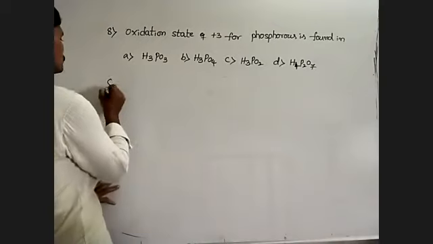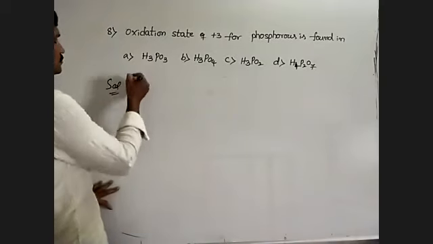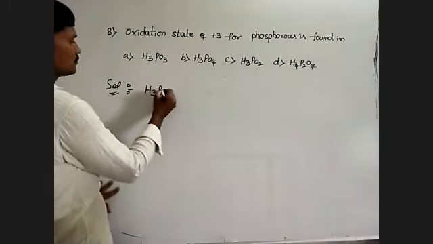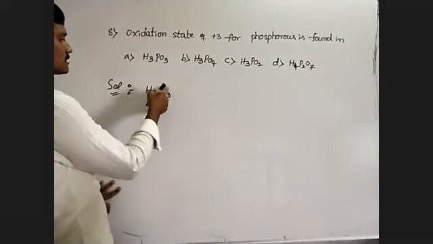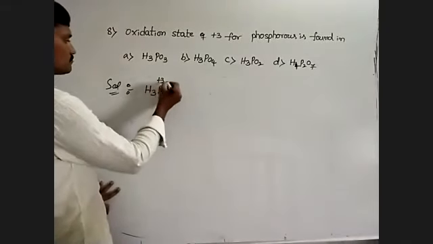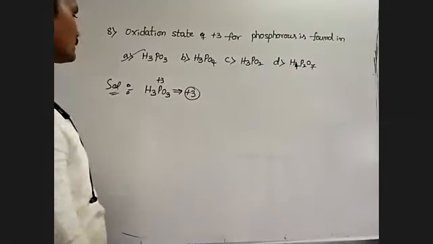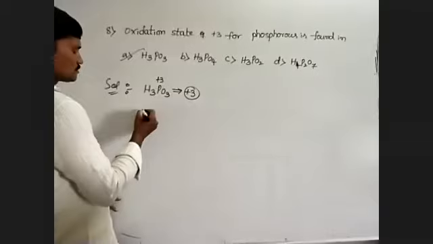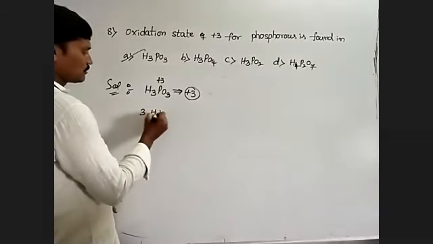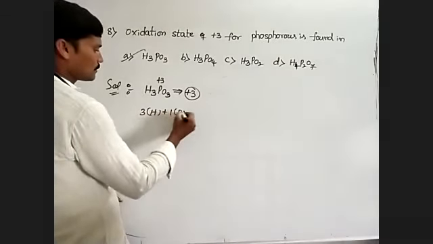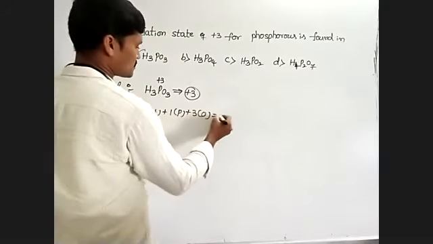So next we go to the solution. You see the first one, H3PO3. So 2 into 3 is 6, minus 6 plus 3. This is plus 3. So option A. Okay. So here 3 hydrogens, 1 phosphorus, 3 oxygens are given.